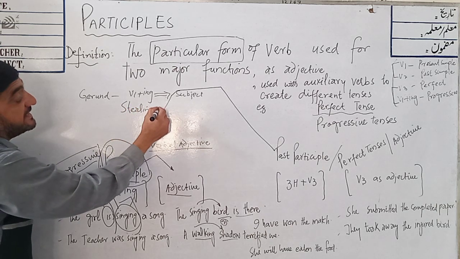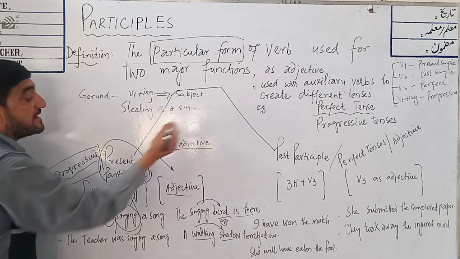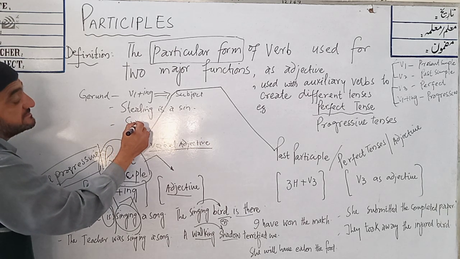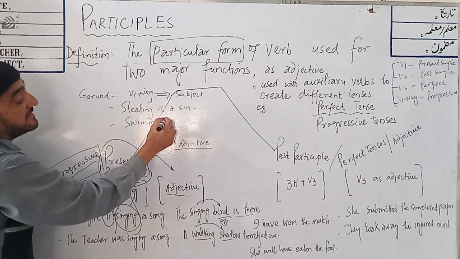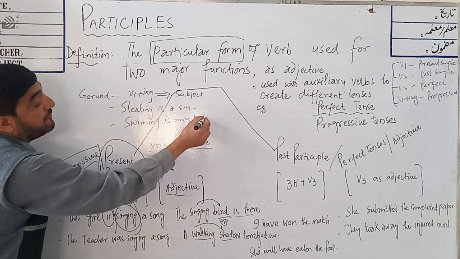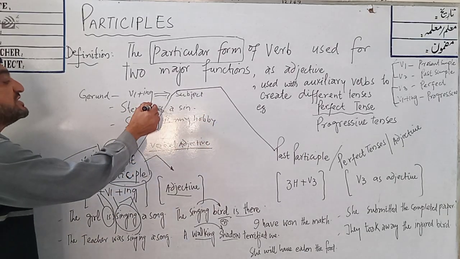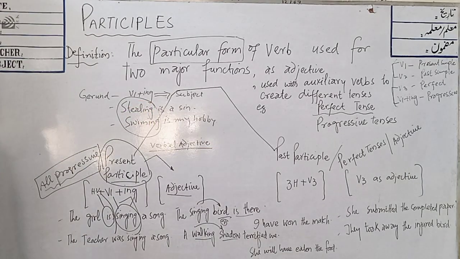stealing is a sin. Swimming is my hobby. So when V1 plus ing is used as subject in a sentence, it is known as gerund.